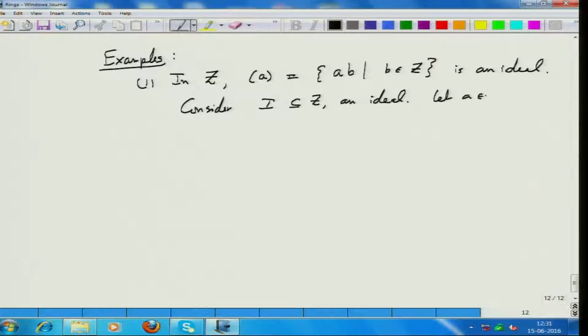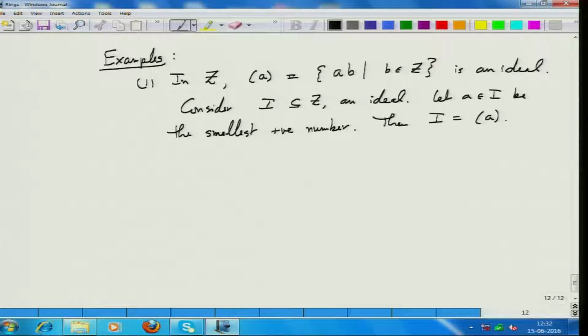Let A in I be the smallest, the smallest positive number in it. Now I claim that this ideal is simply all multiples of A.